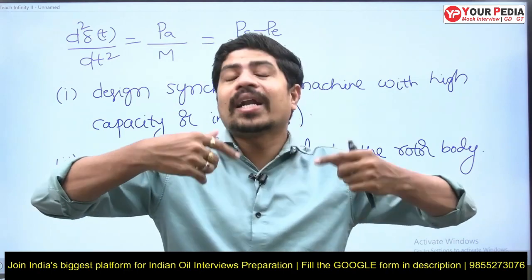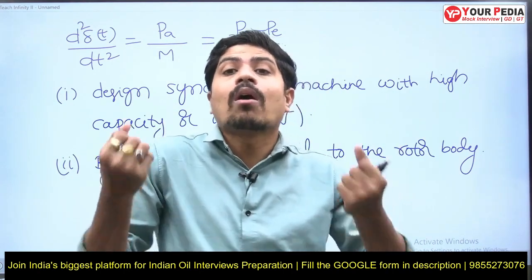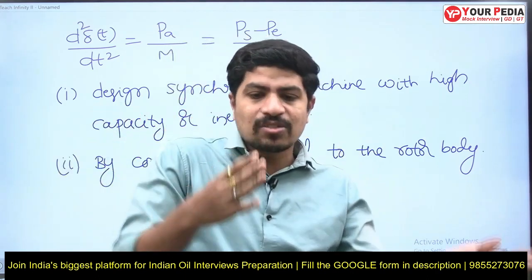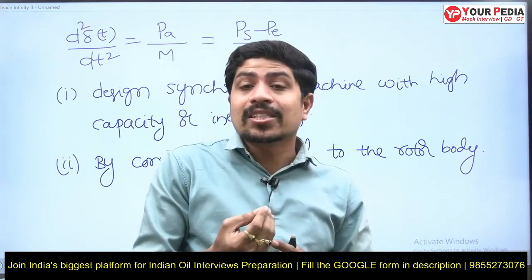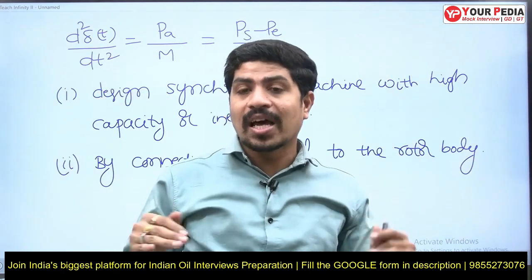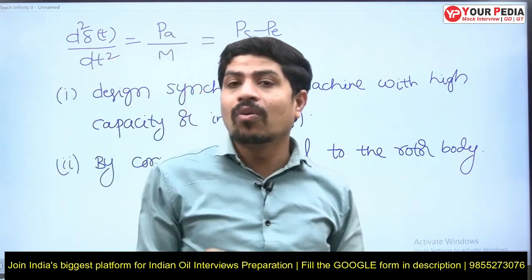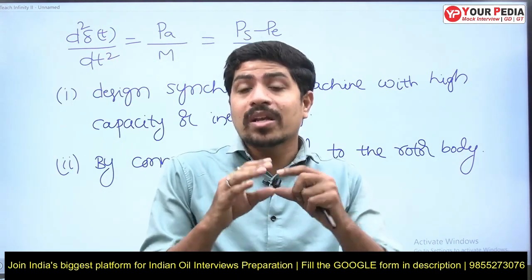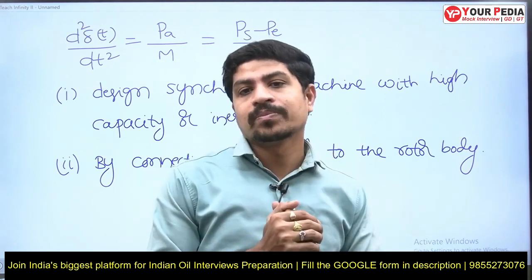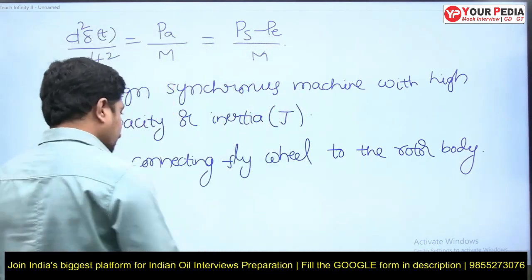No, only in the starting it is difficult. Once it starts, the flywheel stores lots of kinetic energy as it rotates. Whenever any disturbance comes, that huge body, already in a steady running state, will not accept those sudden changes. Therefore the rotor angle is not going to oscillate about some point, and those oscillations will be reduced. That is the second thing.